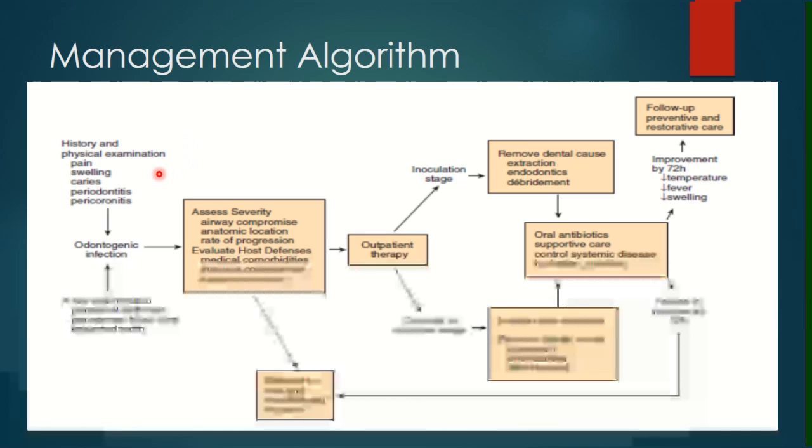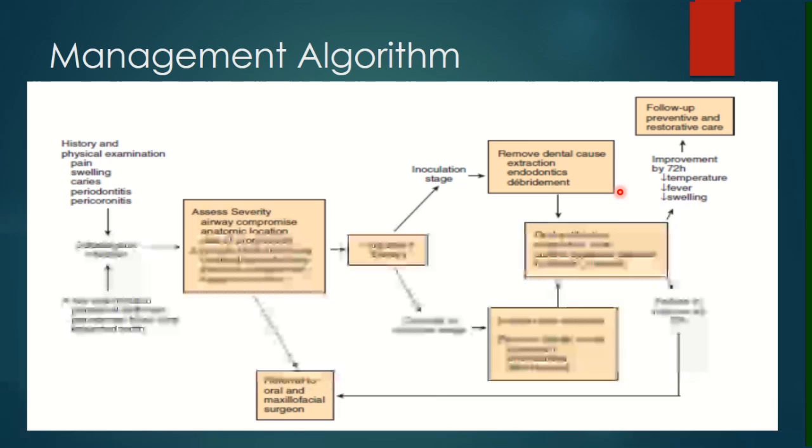Then do the physical examination. In this case, for a dentogenic infection, the most important part of the physical examination is to take the vital signs. The vital signs of the patients include three things: the body temperature, the respiratory rate, and the heart rate. We're going to discuss that in detail, but let me give you a quick brief about it.